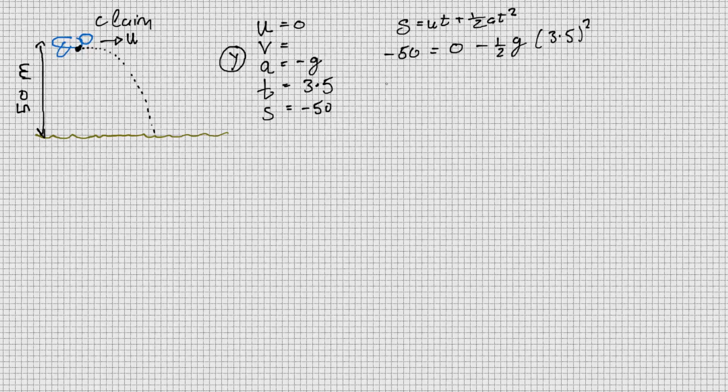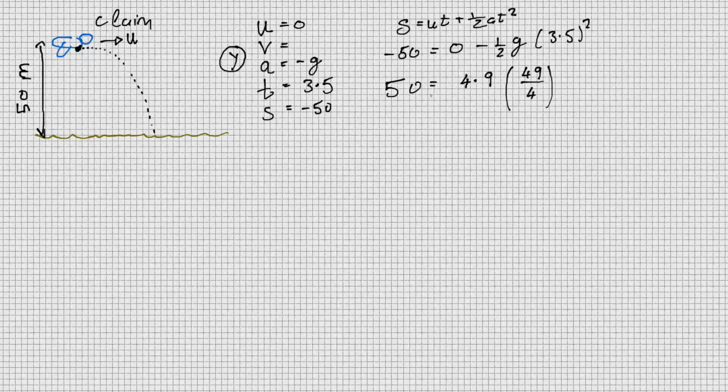Okay, so that's cancelled the minuses on both sides. A half of g is 9.8, so that's 4.9, and 3.5 squared, that's 7 over 2 squared, so that's 49 over 4, I believe.